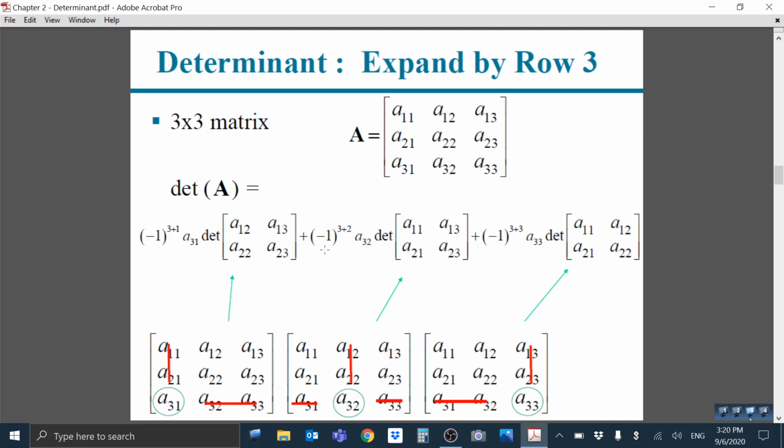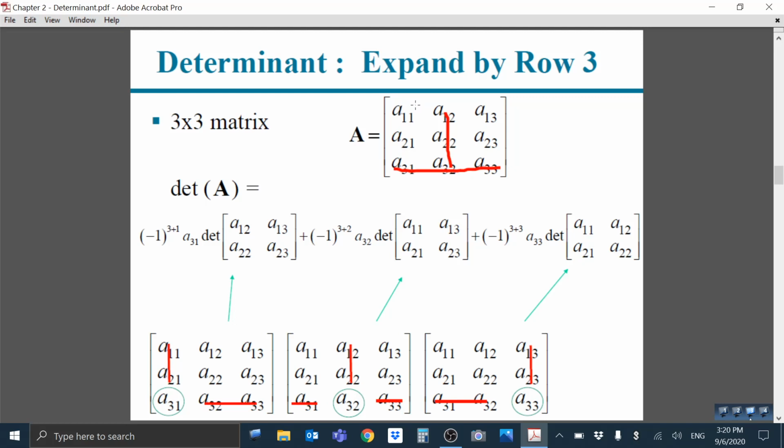Plus negative 1 to the power, the coordinates are 3, 2, so to the power 3 plus 2, times the numerical value of the entry, A32, times the determinant of a smaller matrix that I get by eliminating row 3 and column 2.